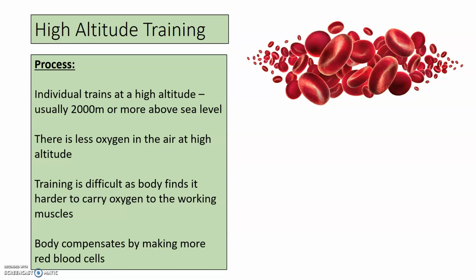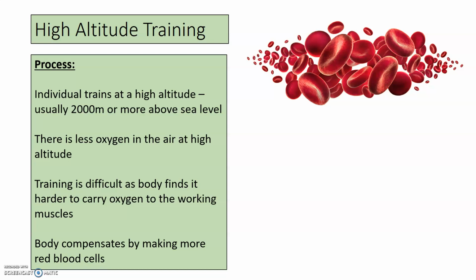Now, as that's the case, that makes training more difficult for us, because if we're finding it difficult and there's less oxygen in the air for us to consume and breathe in, we're going to find training difficult, whether we're playing football, whether we're playing rugby, whether we're running, and so on. So as the body finds it difficult and finds it harder to train in this environment, what it does is it decides to compensate.